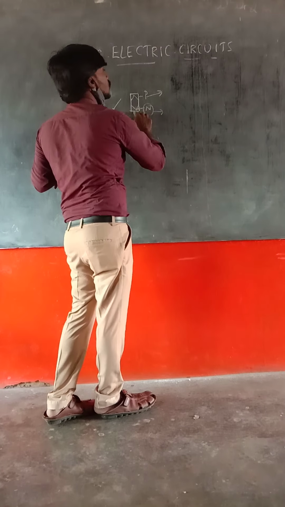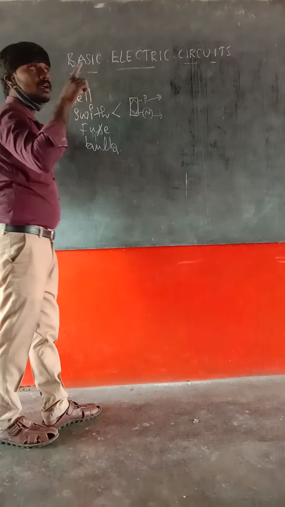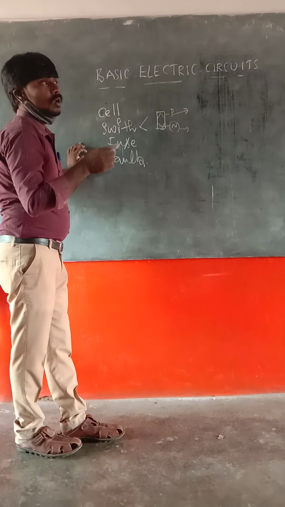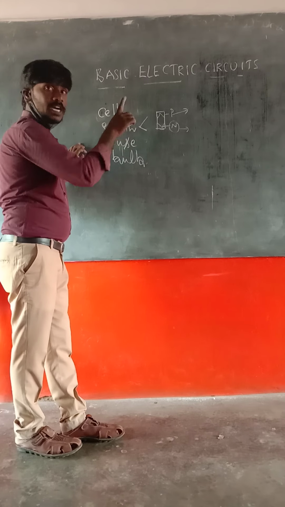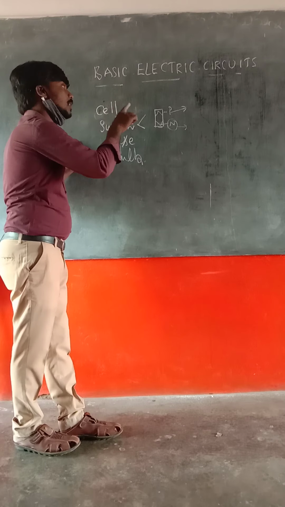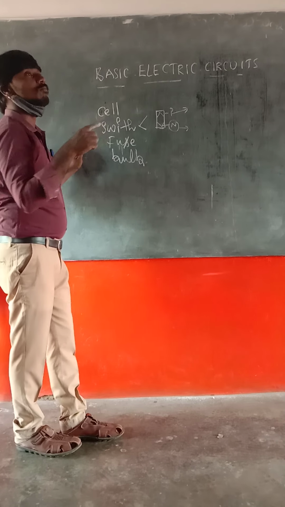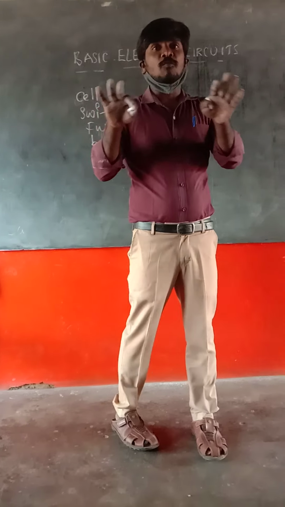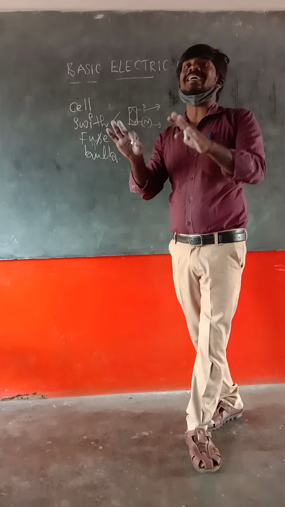That's why we switch off the fan, the light, the bulb, and switch on the TV, the bulb, the tube light, the fridge. When the switch is off, it means the wire cannot flow electrons or electricity.